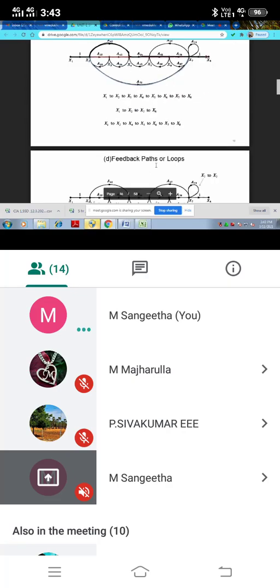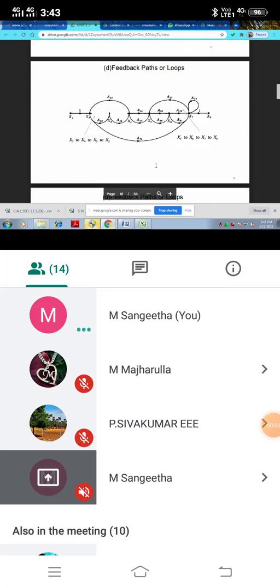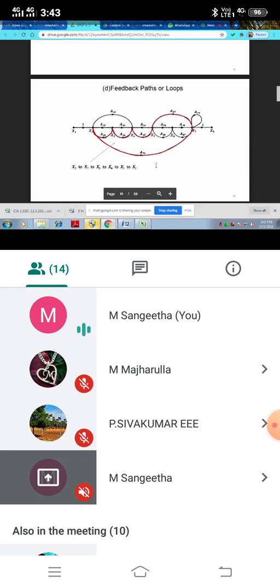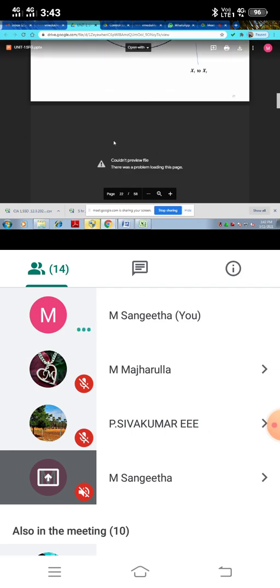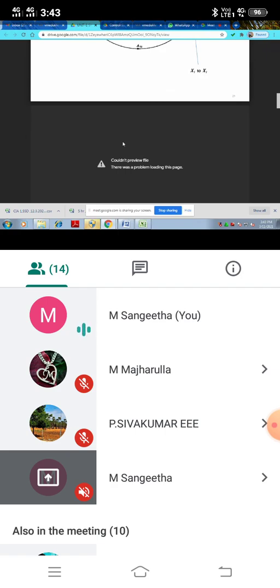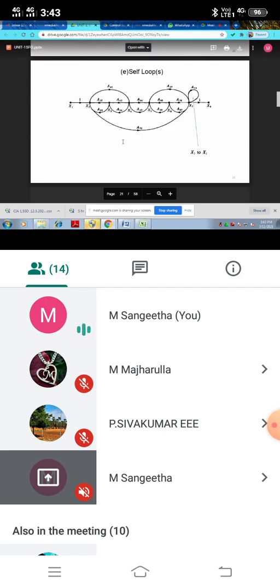Okay, students, we will look at the signal flow graph, which is converted from a block diagram reduction, or a block diagram which is converted into a signal flow graph, in the manner of their connectivity, by using nodes, branches, blocks or systems.